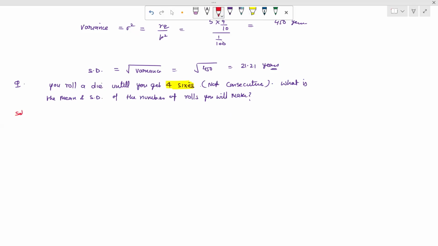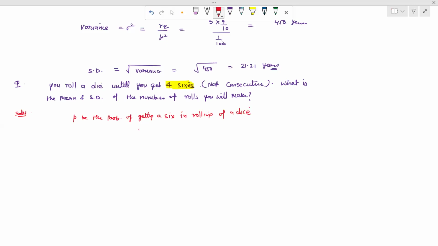So when we do the solution of this, P is the probability of getting a 6 in rolling a die.